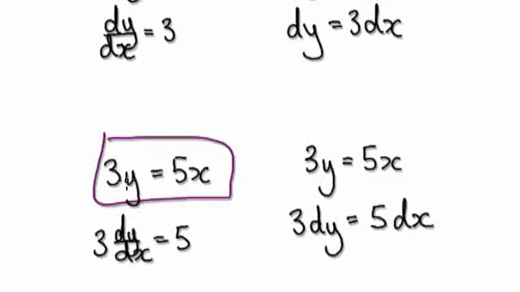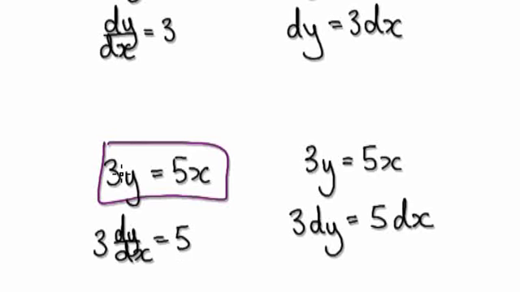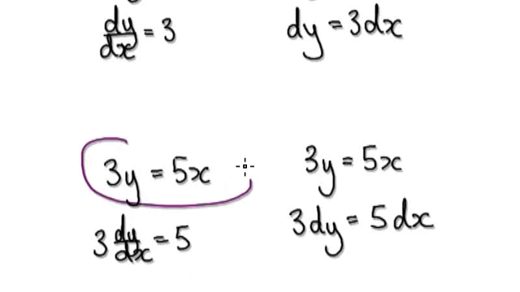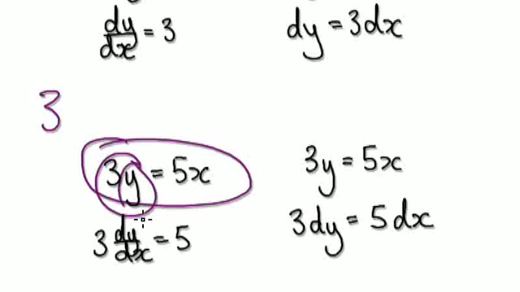So when we differentiate this using implicit differentiation, our normal routine would be to differentiate this as normal, which would be 3, and because y is a function of x, we would have dy by dx.